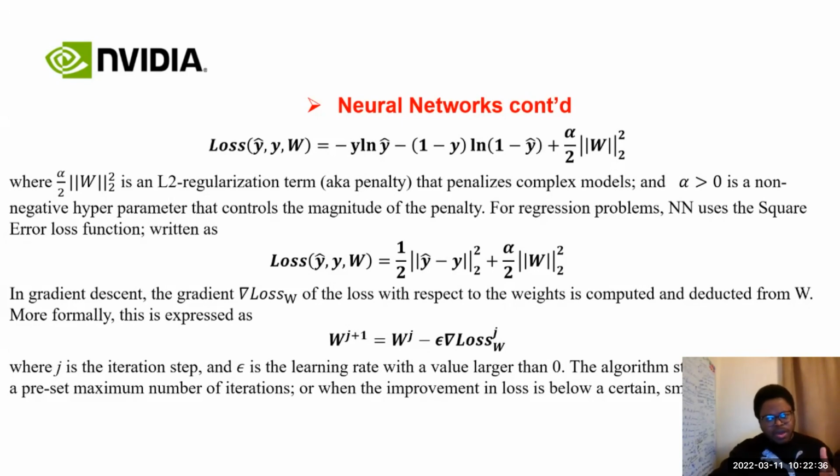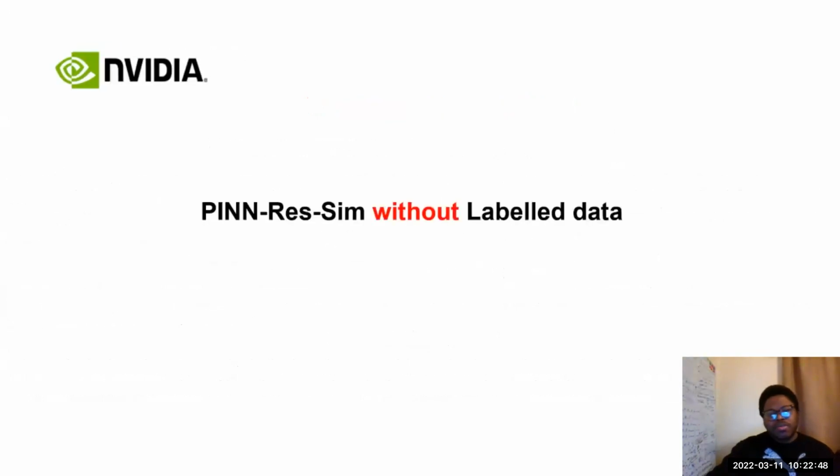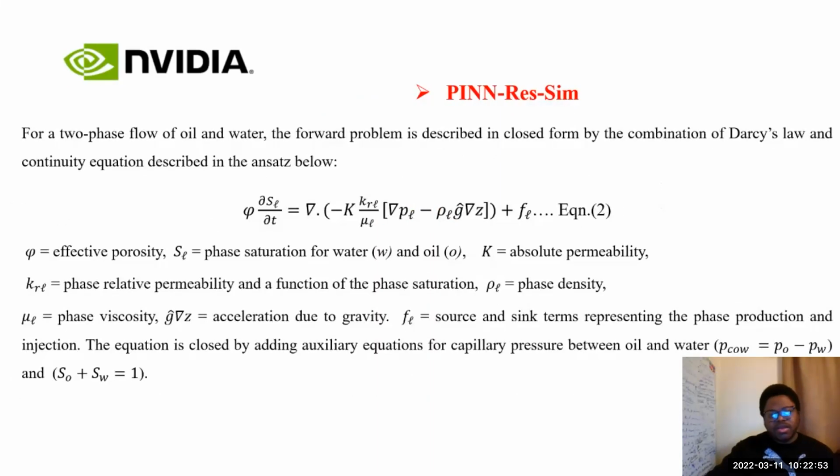So in our application, we would have a PINN, and then we'll have a form of Bayesian neural network to help give some form of uncertainty in our prediction. For the PINN for reservoir simulation without label data, in principle we want to solve this two-phase flow problem.